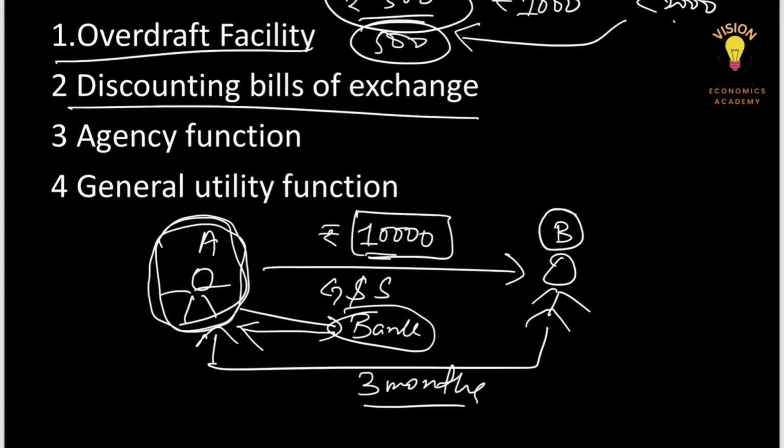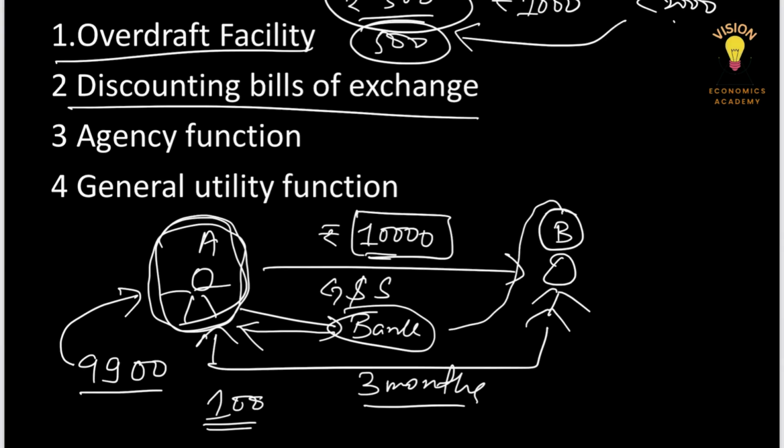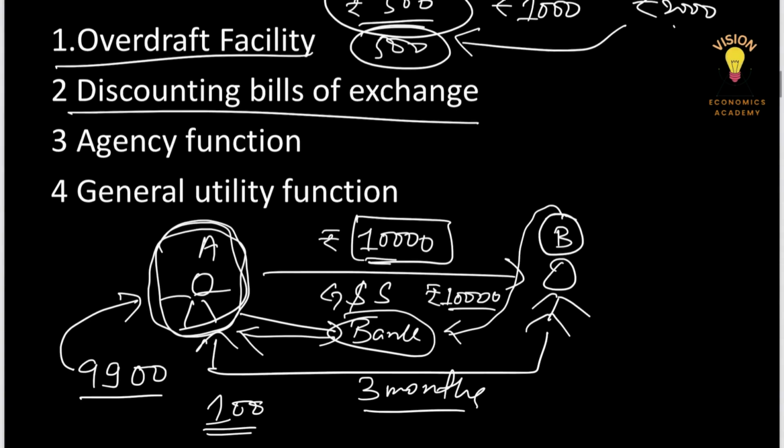So let's say the bank charges some amount, let's say 9,900 they give to A, keeping 100 rupees as the charge. And when the bank later on receives from B, it receives the full 10,000. So this is how discounting bills of exchange works.